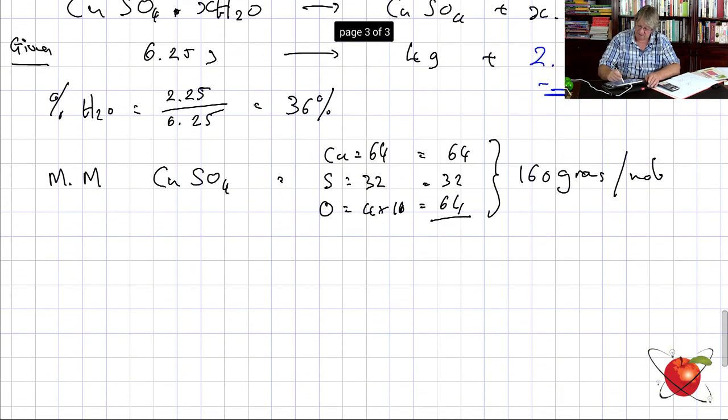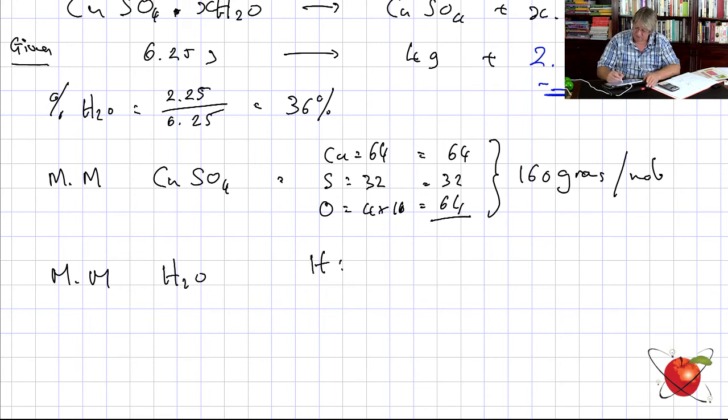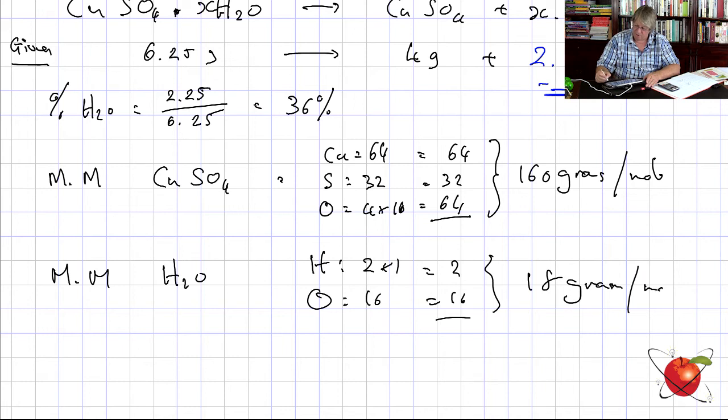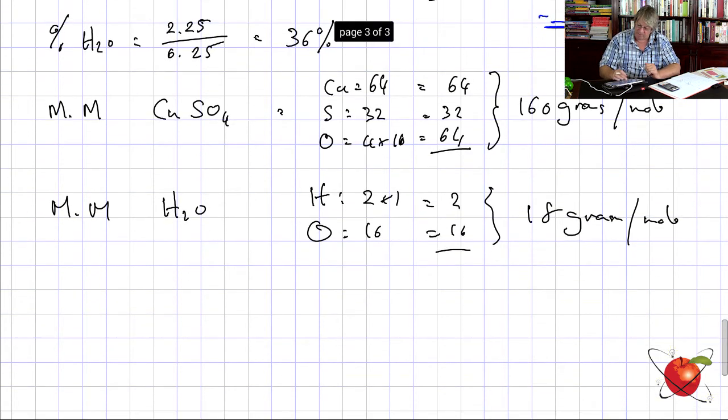Right, now, what is the molar mass of water? Molar mass of water is going to be equal to H is 2 times 1 and O is 16, which is going to be 2, 16, which is going to be 18 grams per mole. Right? Okay. Now, therefore, everybody happy so far?